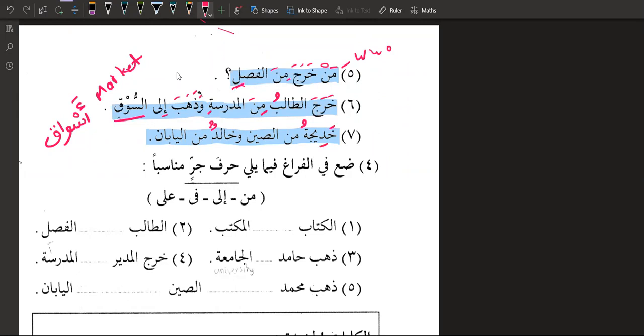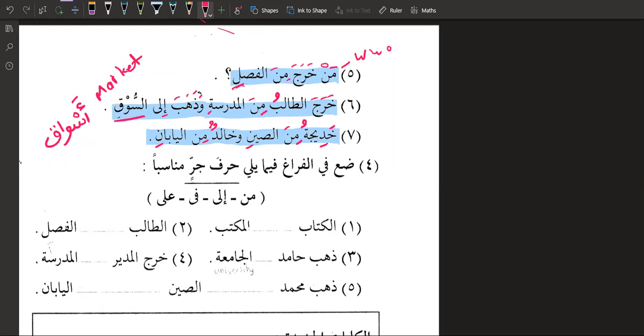What does the sentence mean? Khadija is from China and Khalid is from Japan.